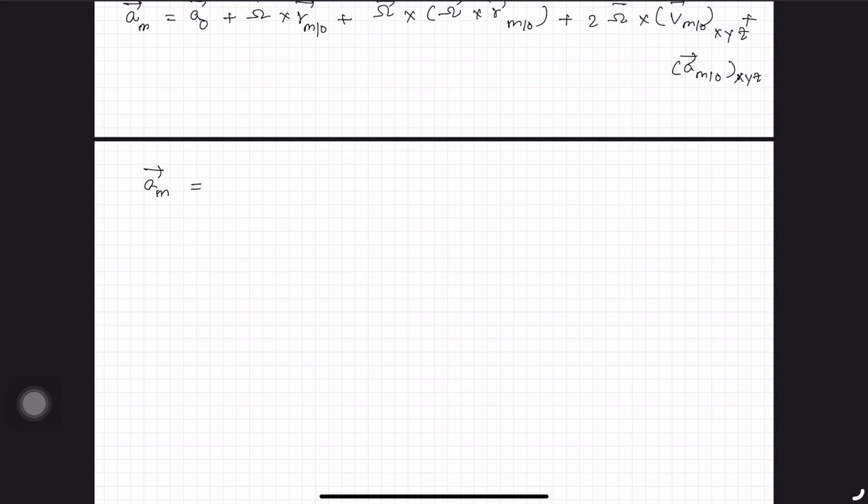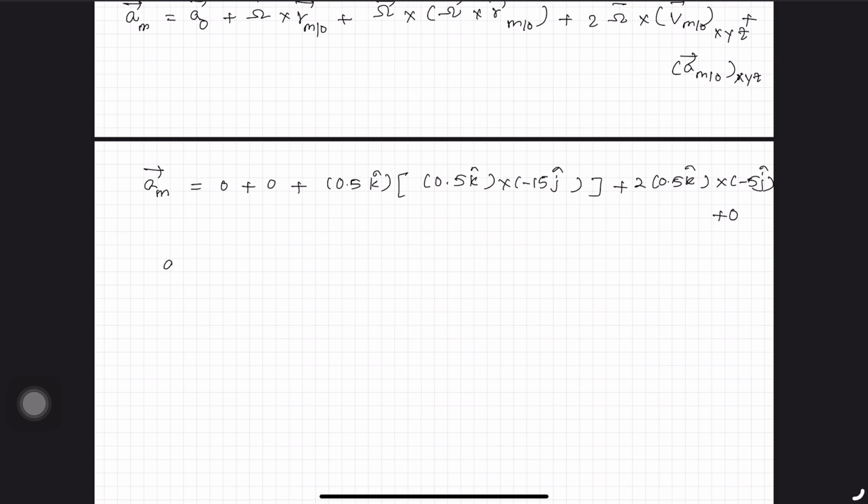This is 0 plus 0 as well, and then this is going to be 0.5 k cap cross 0.5 k cap cross minus 15 j cap, and 2 times 0.5 k cap cross minus 5 j cap, and the last one is 0.